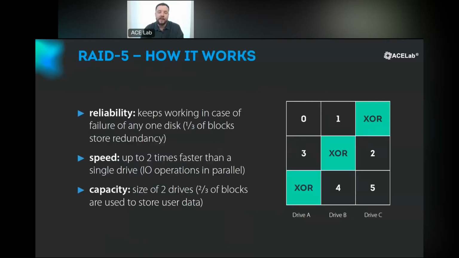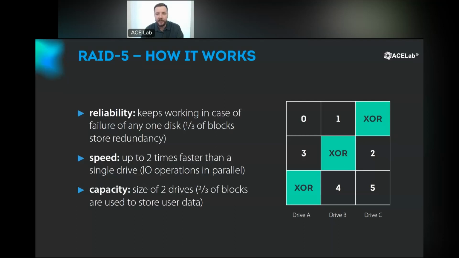Just for example, here you can see RAID 5 from three drives. How do we get reliability? RAID 5 stores special blocks to be able to recover any drive in case a drive is excluded from the RAID array. So if one drive doesn't work, RAID 5 still can work.